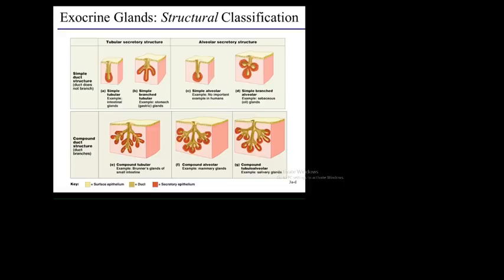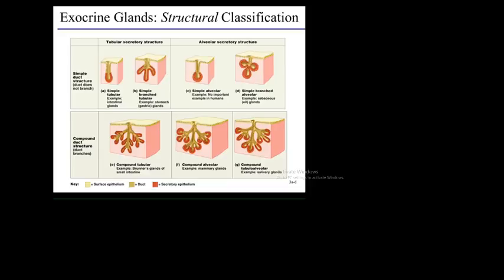Seems like stratified squamous, but it's actually simple cuboidal. Cube-shaped cells, maybe you can't see it, it's kind of small. Simple cuboidal, cube-shaped cells that actually dive into the dermis, in this case, and then come right back out to the surface. So the epithelium itself is simple cuboidal, but the gland itself is found where?